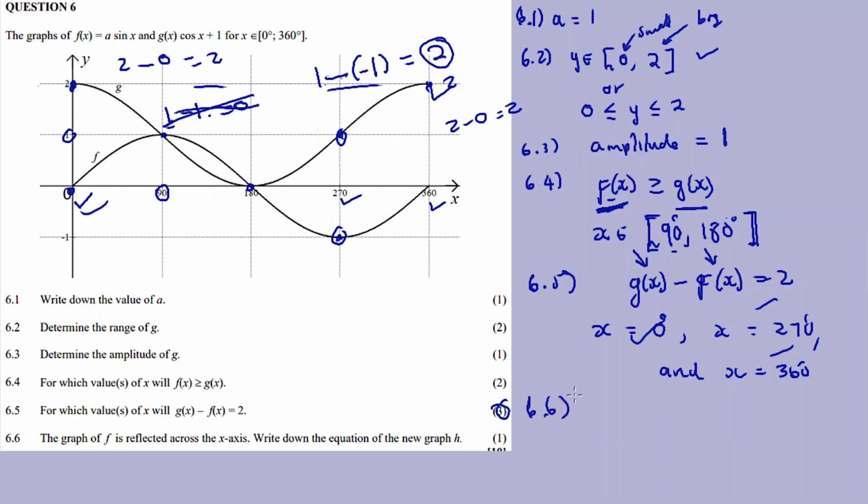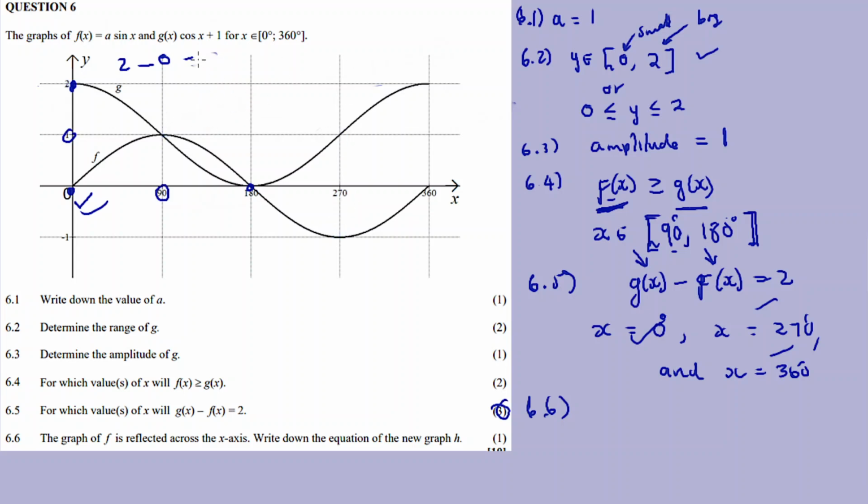6.6. The last question, but the graph of f is reflected across the x-axis. The x-axis, I think erase la. Okay. The graph of f is reflected across the x-axis. Ugu f now f la.